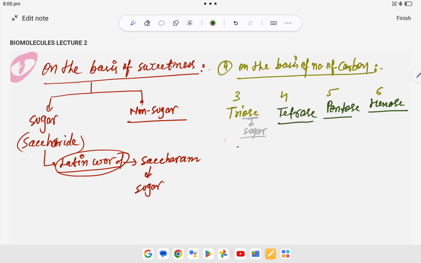Simple. If a CHO group is present, then it is called aldose. If a CO group is present, then it is called ketose. Okay. So one important thing we are writing here, focus on it.